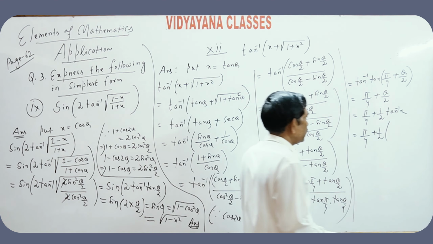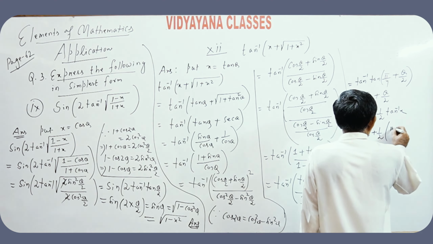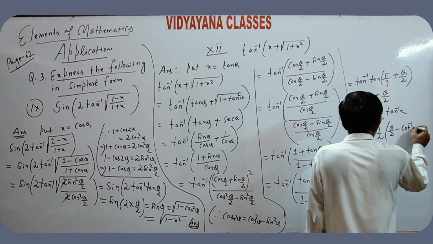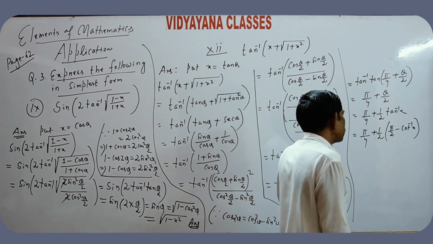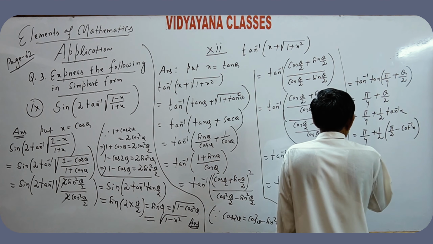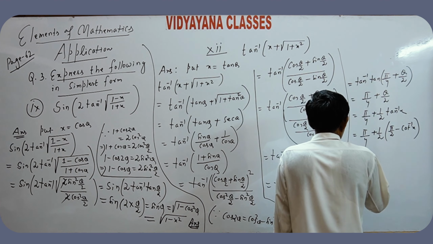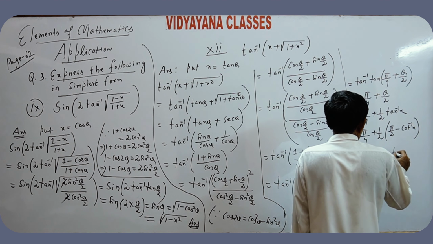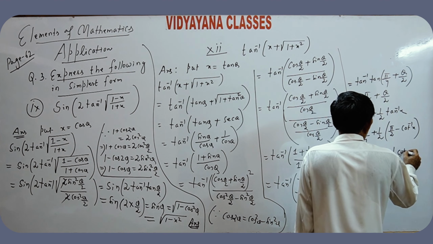So tan inverse x is equal to pi by 2 minus cot inverse x, which is same as pi by 4 plus pi by 4 minus half of cot inverse x.